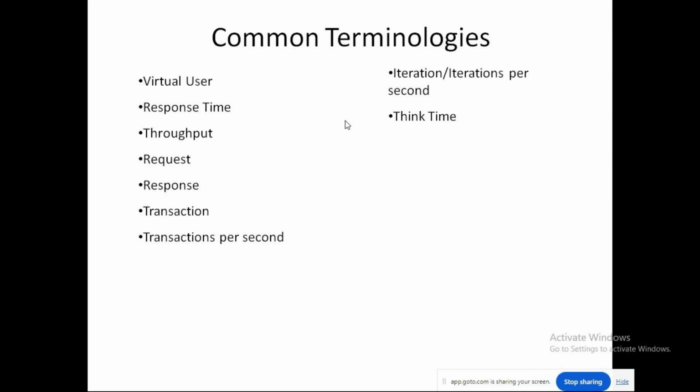Next, think time. Very, very important, guys. Who can tell me what is think time? Now, whenever a real user is using the application and they are doing different user actions, as soon as one user action is completed, do they go to the next user action instantaneously, or can there be some delay?